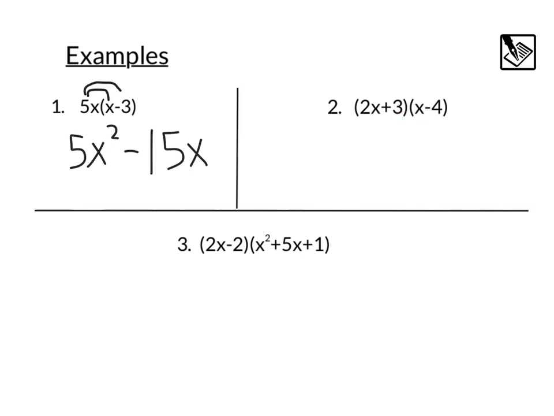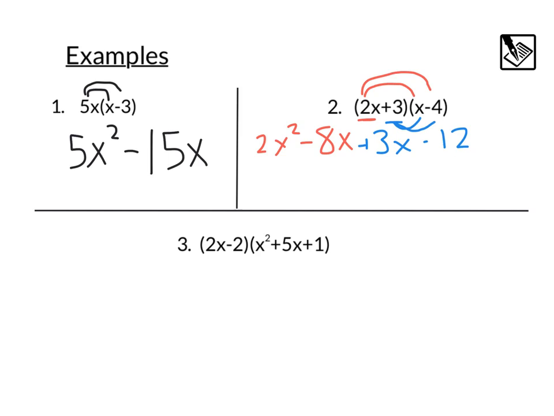In this case, the 2x is going to multiply to the x, giving us 2x squared, and the negative 4, which would be a minus 8x. That second term, 3, is going to also multiply to the x, giving us a plus 3x, and to the negative 4, giving us a minus 12.